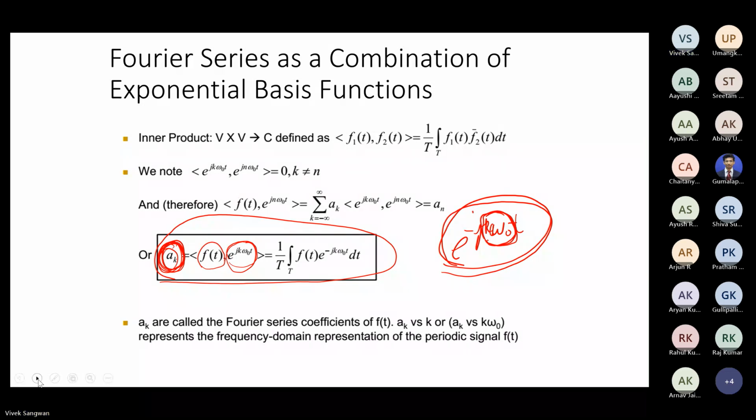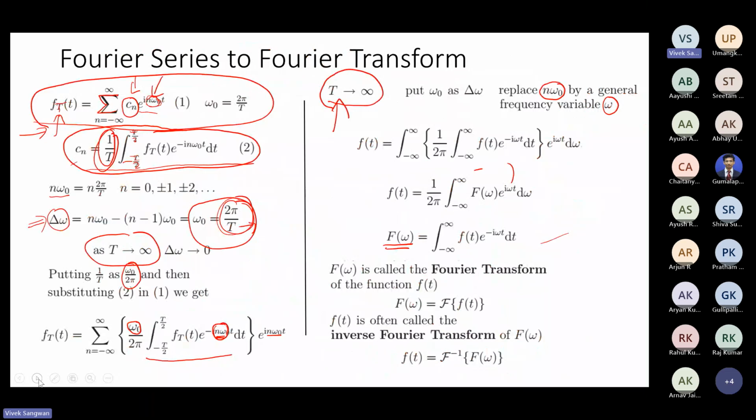Similarly, for an aperiodic function, you compute its Fourier transform and you will get a function capital F of omega. In this, you can substitute any frequency omega that you want, 1 hertz, 100 hertz, 2 kilohertz, and you will be able to compute a number.